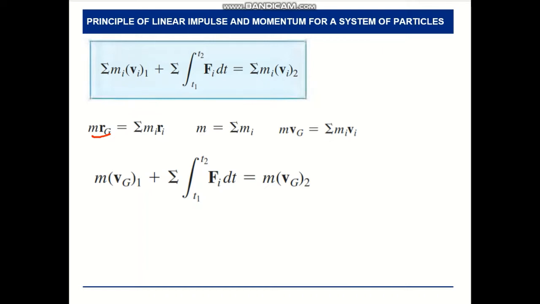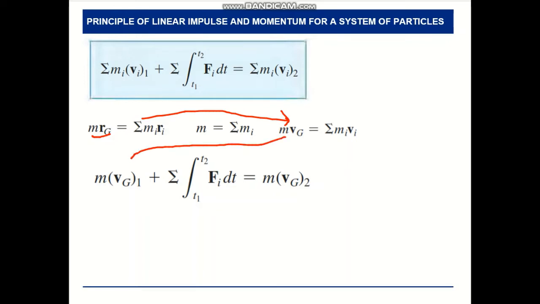And then we can similarly say that if we take the derivative of both sides with respect to time, it is going to give us the velocity at the center of mass, the momentum at the center of mass, is equal to the sum of each particle's momentum.